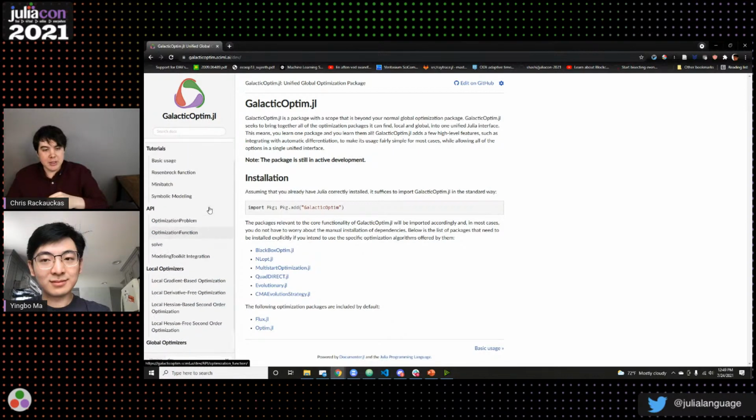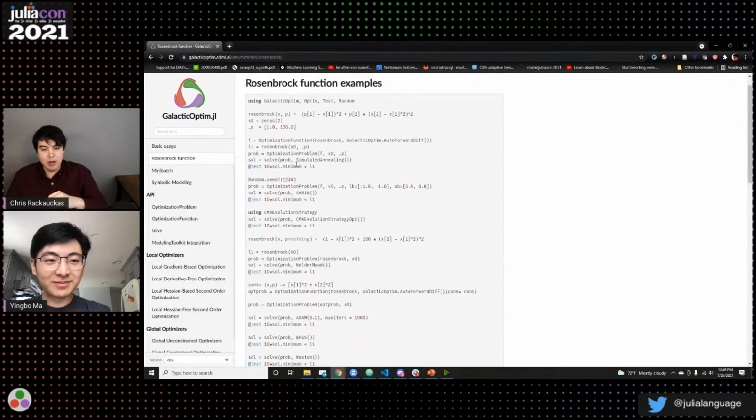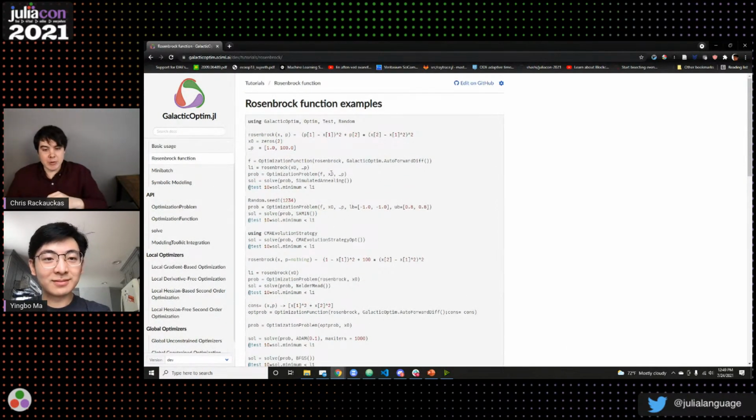And so this gives you a way of being able to call any of these possible optimizers from an interface that looks a lot like DifferentialEquations.jl, right? Where you have an optimization problem and you solve and it dispatches across. And the reason why we did this, of course, is because now this gives a form such that ModelingToolkit can build this optimization problem for you from symbolic forms.